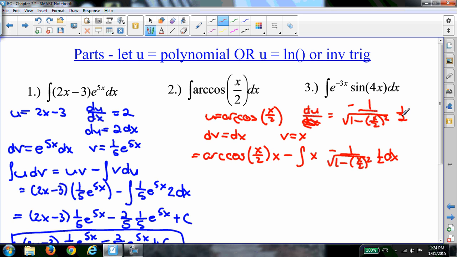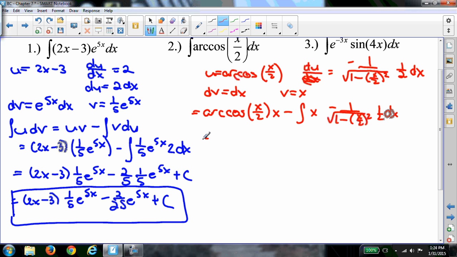So multiplying this dx over here, if we simplify this before integrating, we have x arc cosine of x over 2 plus 1/2 the integral of x over square root of 1 minus x over 2 quantity squared.